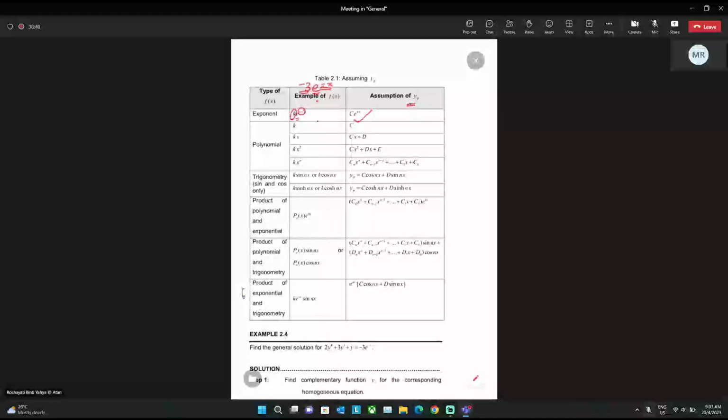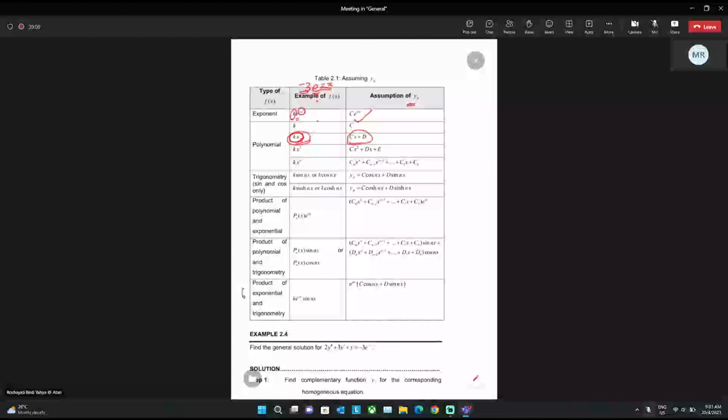For kx, the pattern is such that you cannot assume your f(x) like kx, so that your yp becomes cx plus d.